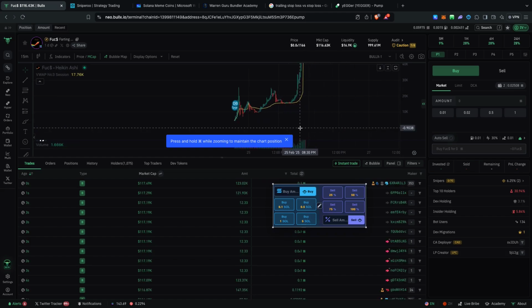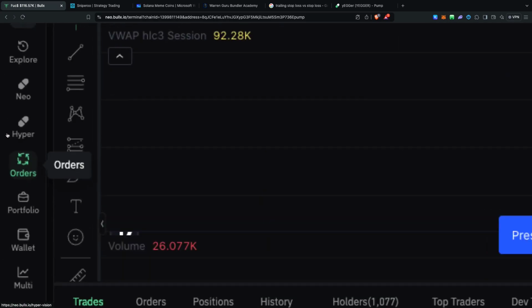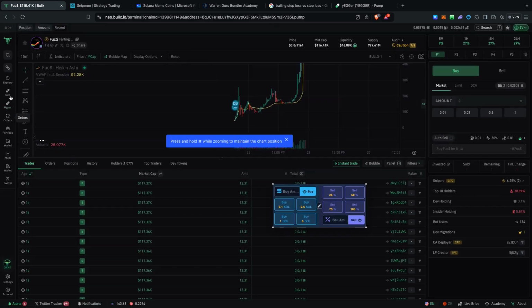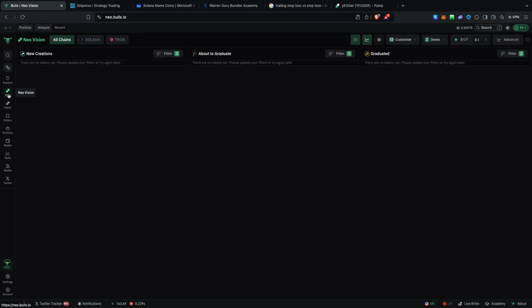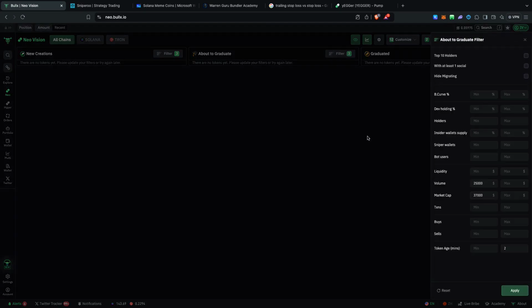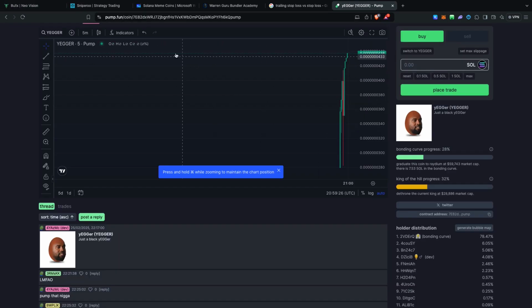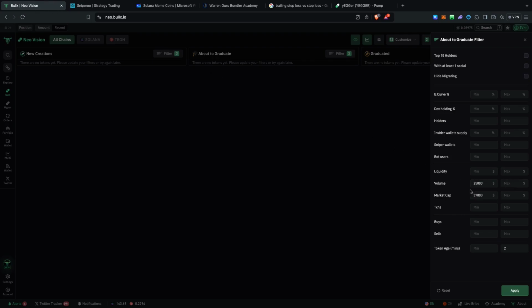Okay, let me take it back a little bit because you guys are obviously confused right now. First of all, let's talk about the filters that I'm using, because filters allow you to identify meme coins to invest in. You're going to be looking at the about to graduate filter on pump.fun, where you adjust your volume, your market cap, and your token age.